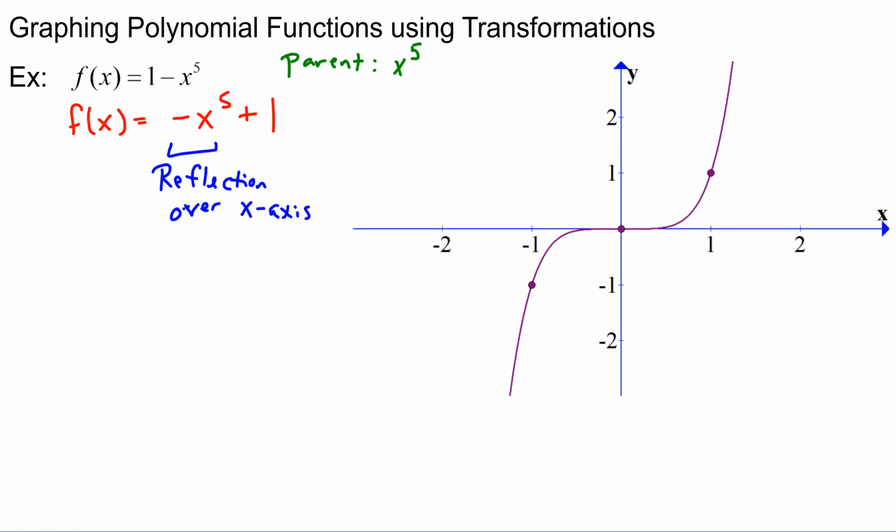Then the second transformation is this +1. That's also occurring outside our parent function, so that's going to affect our y's. This is going to be a movement up by 1 unit. So let's first do that reflection. I'm going to take these 3 key points and perform that reflection over the x-axis. Currently my value for y is 1, because 1 raised to the fifth power is 1 again.